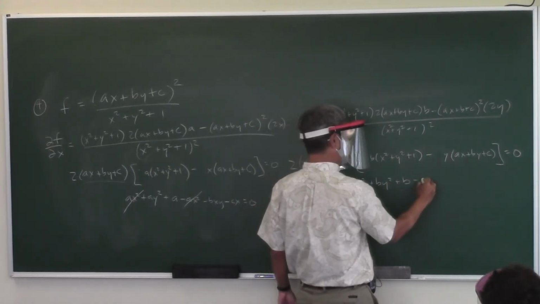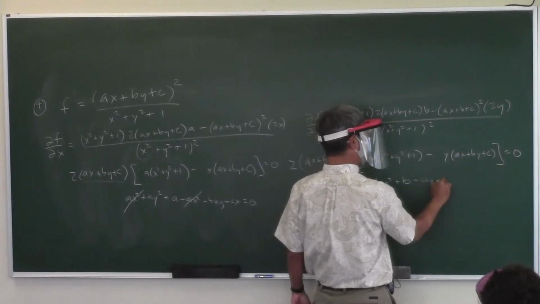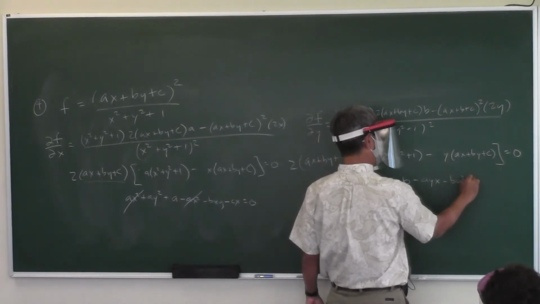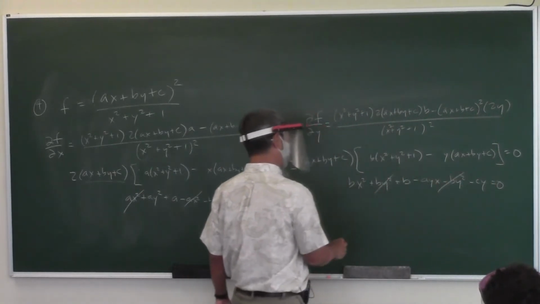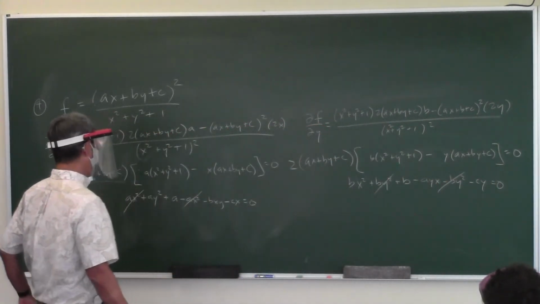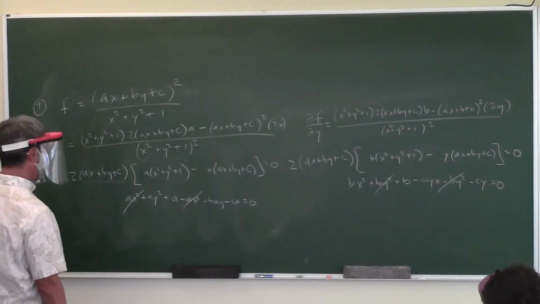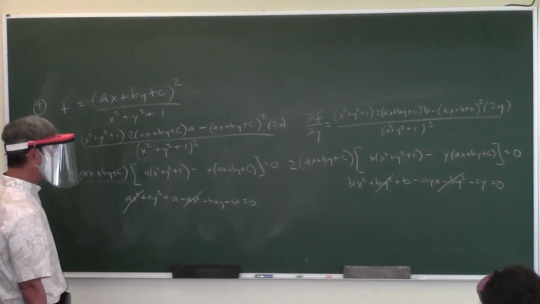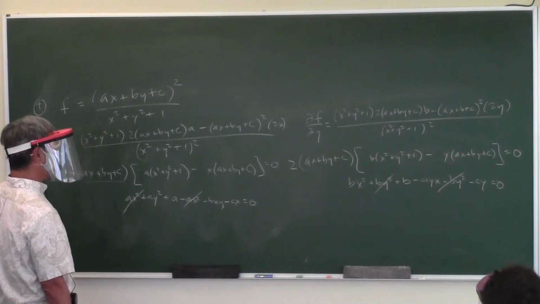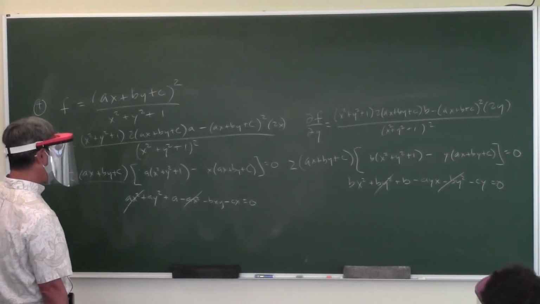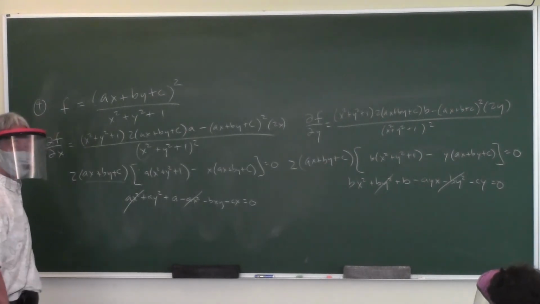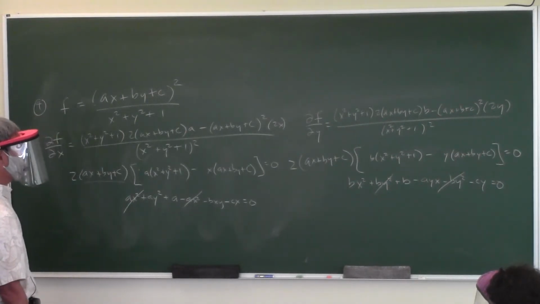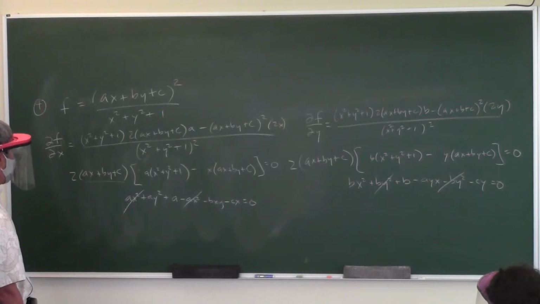Okay, you guys have to watch what I'm doing here. aby minus by squared minus cy equals 0. These cancel out. Okay, now what? So shall we solve for x or y in one equation and plug it into the other, or is there something clever we can do? Let's see the cleverness.